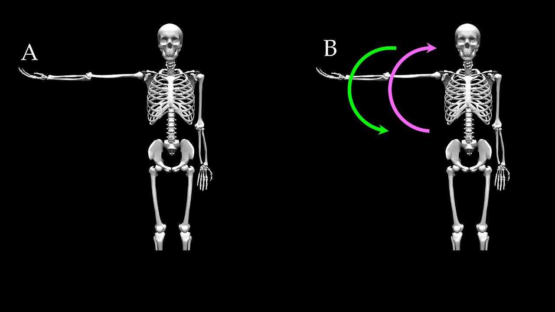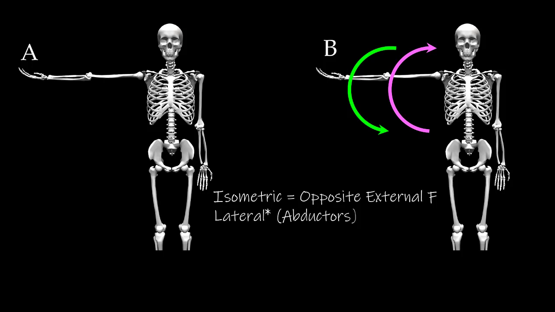So the general rule of thumb here for isometric actions is the MTCs that create a torque opposite of the external force are the MTCs that are going to be controlling that position. In this case, since gravity wants to create an adductor torque, the abductors, not shown here, will be controlling this position.